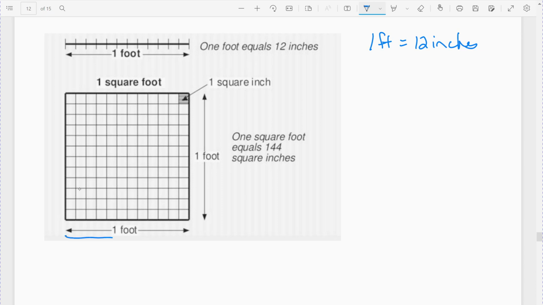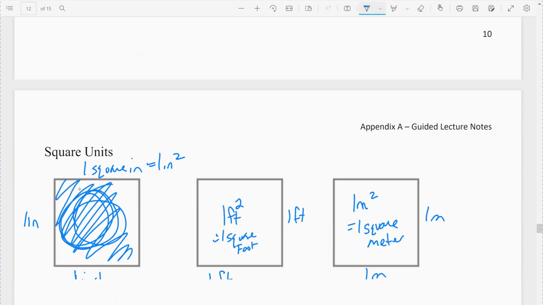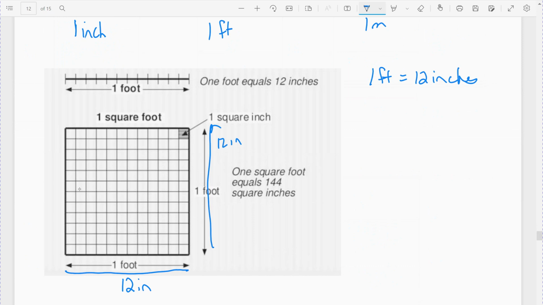So this side has 12 inches, and this side has 12 inches. And so we want to know how many square inches, how many of these square inch blocks, fit in a square foot. If you wanted to count them, you can, but as it turns out, there are 144 square inches in 1 square foot.